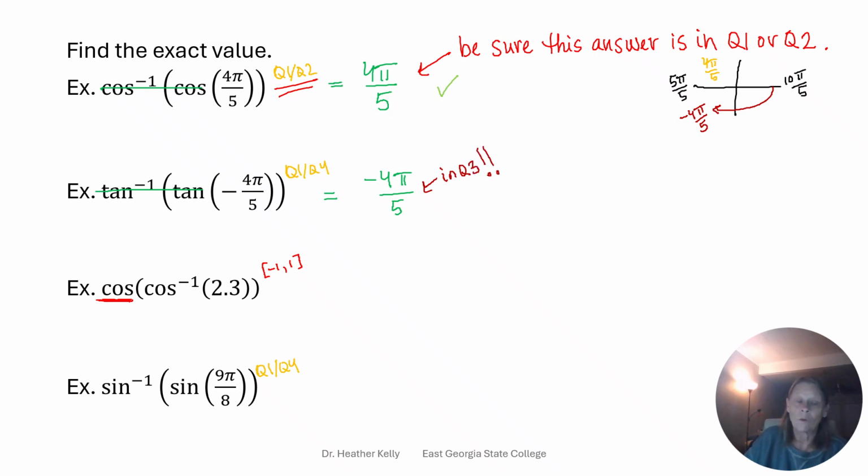And we can't have a quadrant 3 answer. We have to have a quadrant 4 answer.